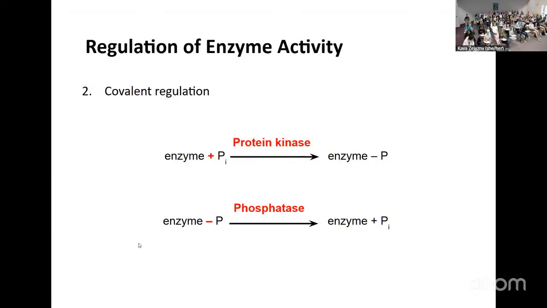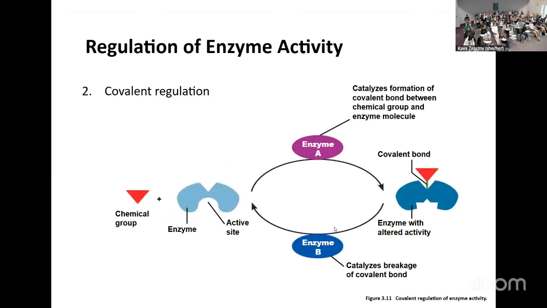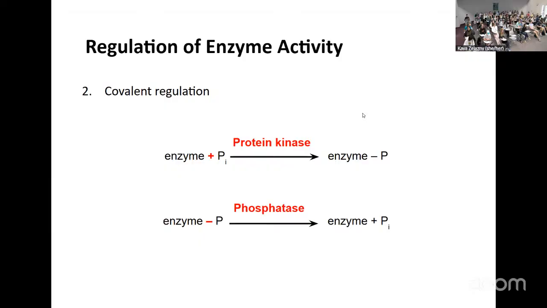So particularly common ways of covalent regulation have to do with changing phosphate groups. And we have specific types of enzymes. These would sub in for enzyme A and enzyme B that do this. We're not going to focus on this particularly in this course, but if you've ever heard of protein kinases, those would be adding one of these covalent bonds.